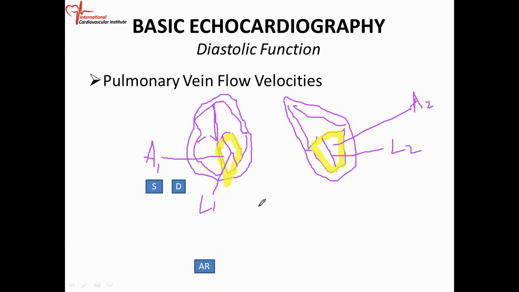So the left atrial volume is equal to A1 times A2 divided by the shortest length.